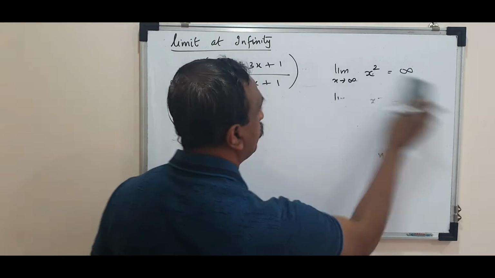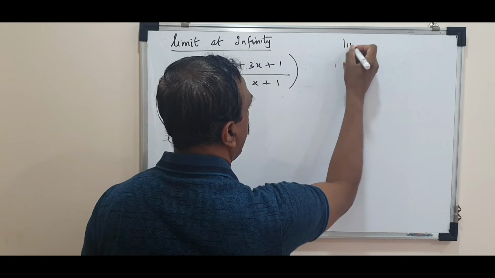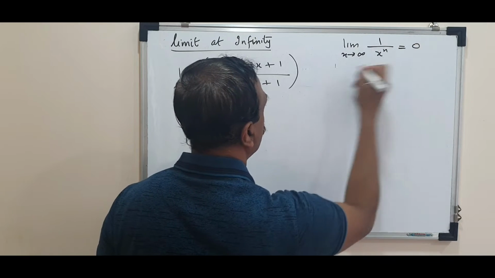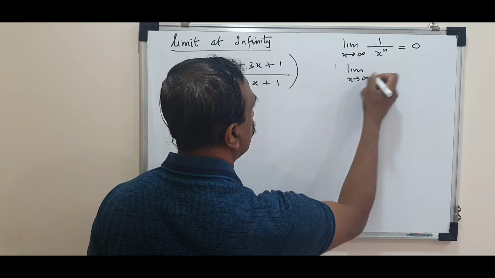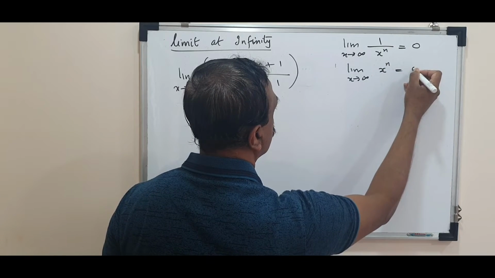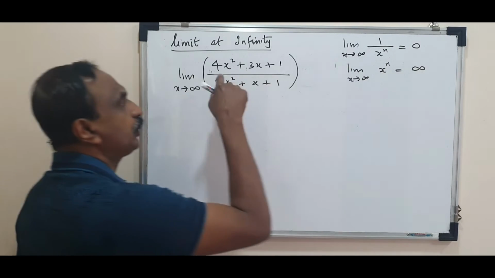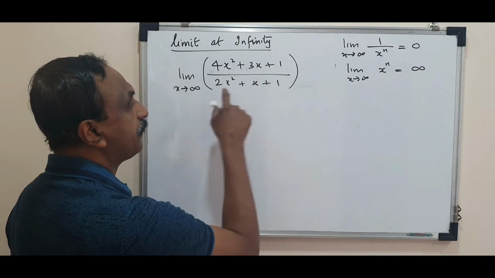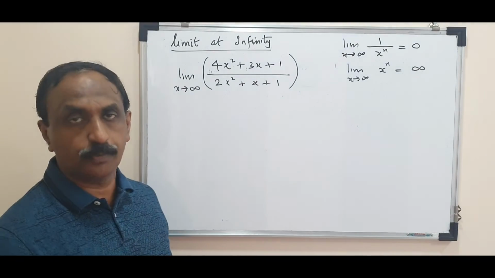What you need to keep in mind is, limit x tending to infinity, 1 upon x raised to n will be 0. Limit x tending to infinity, x to the power n will be infinity. I cannot use the substitution method directly in this problem, because I'll end up with infinity plus infinity divided by infinity, which you cannot operate.